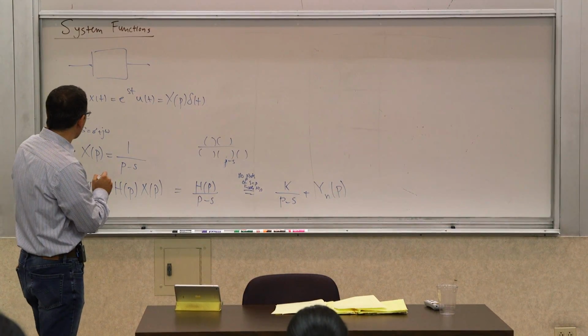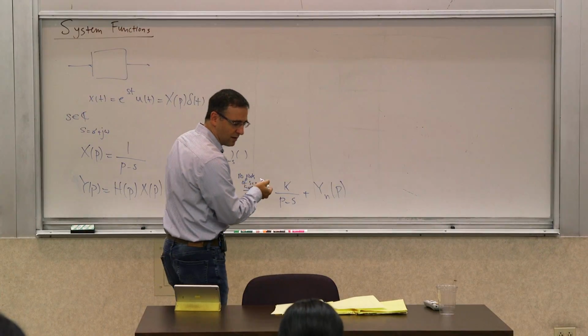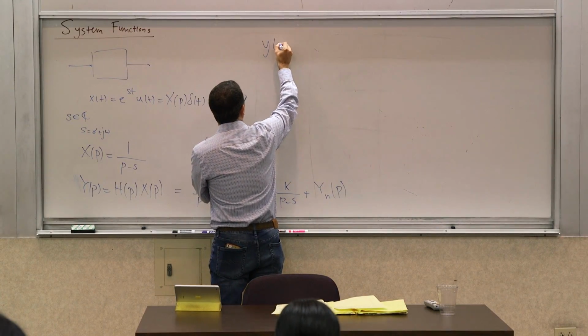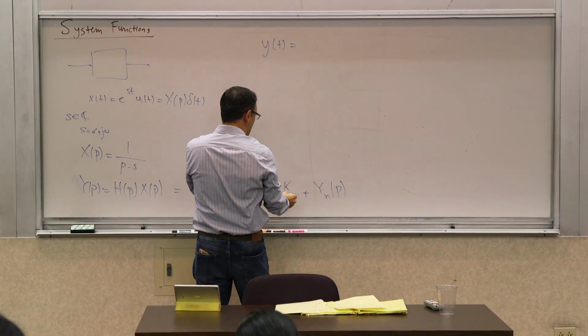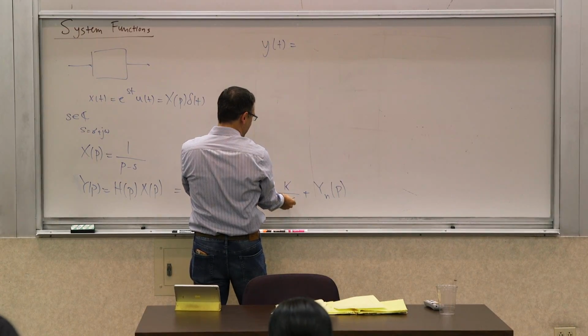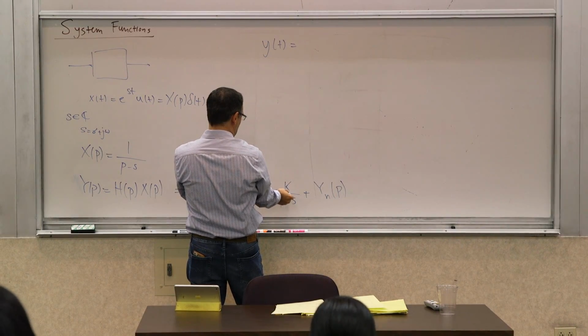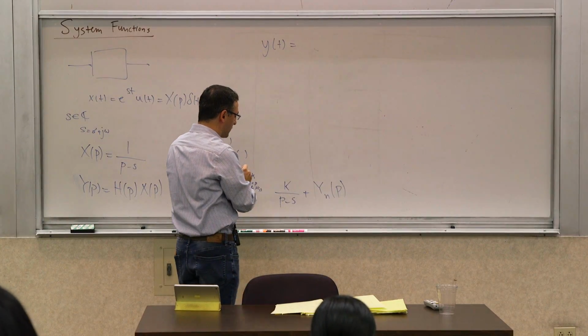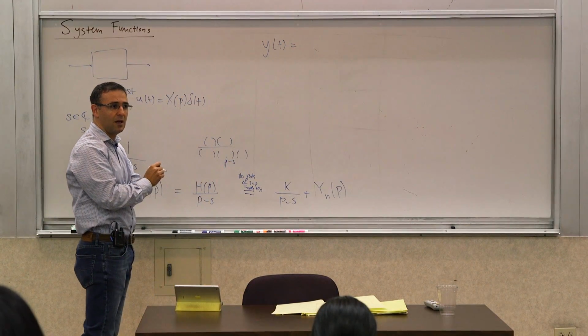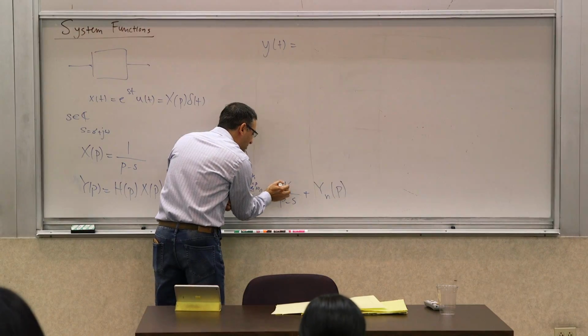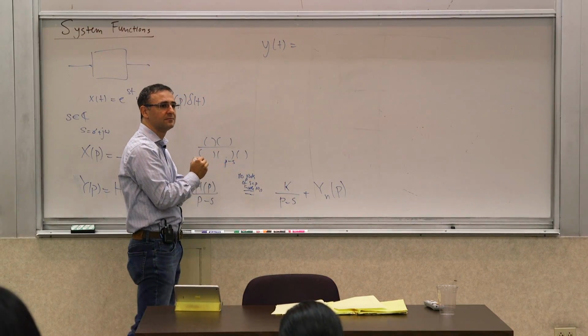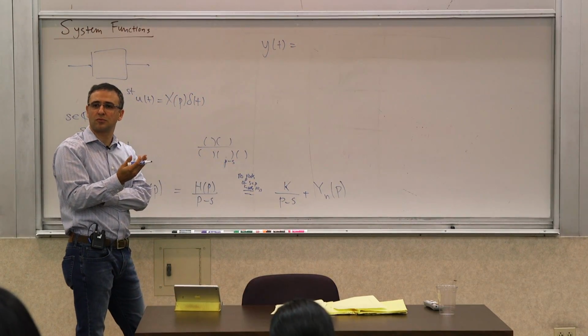So what is this response? What is Y of t like? It would be this K times the response associated with 1 over p minus s. If I were to do this partial fraction expansion, how would I calculate this K? What was our methodology?